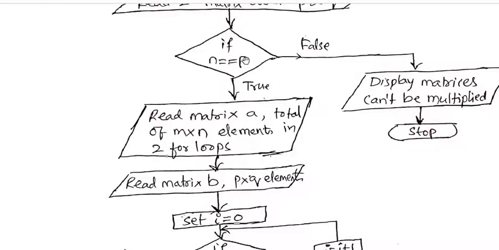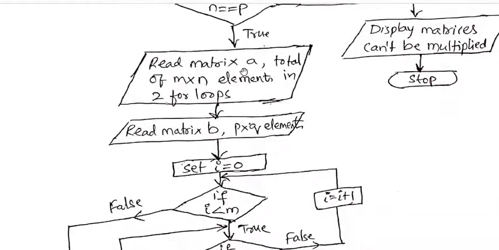If this condition is false, then we will display that matrices cannot be multiplied, and we will stop. And if this condition is true, then we can perform the matrix operation.